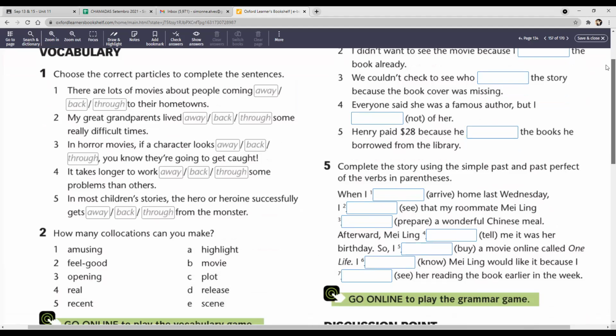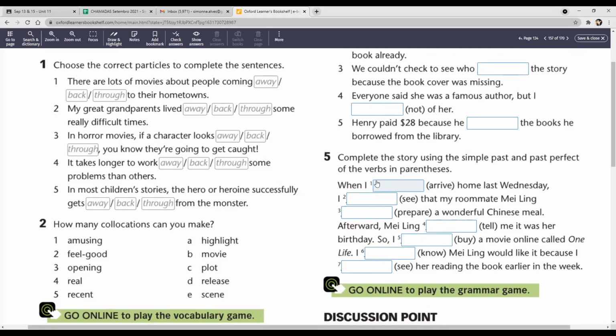Okay, you there? So the first activity here, vocabulary, you have there, number 1. What was the vocabulary focus of Unit 11? Choose the correct particles to complete the sentences. So let's see there. As you notice, we have some phrasal verbs, okay? So let's see. There are lots of movies about people coming to their hometowns.